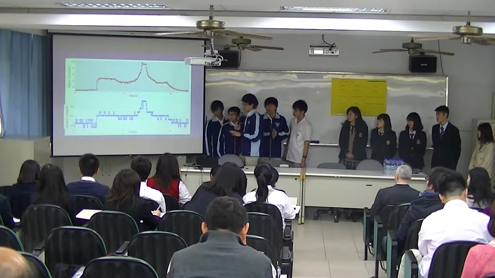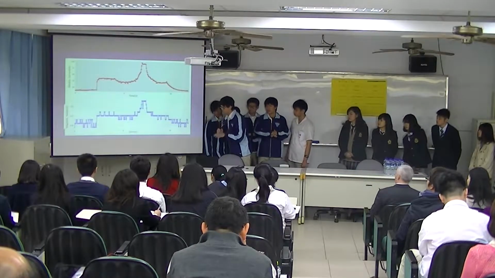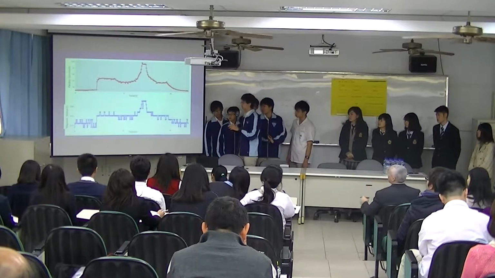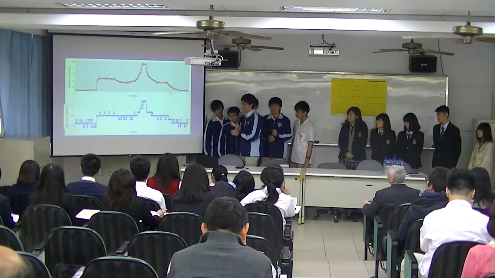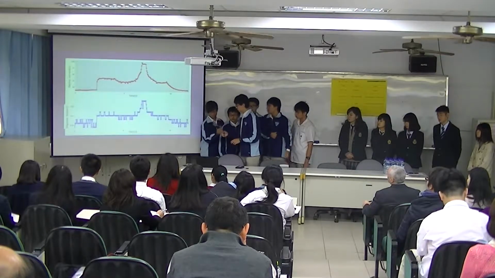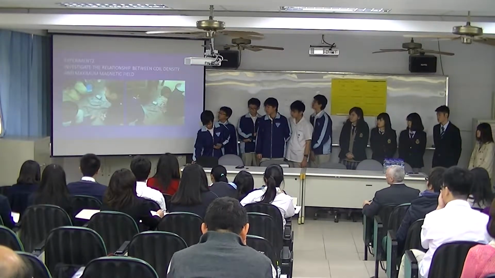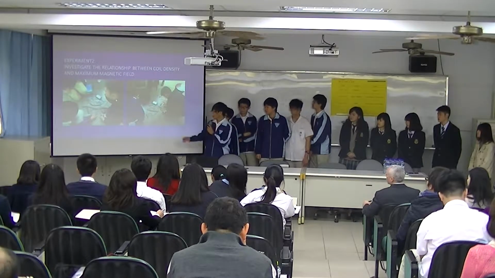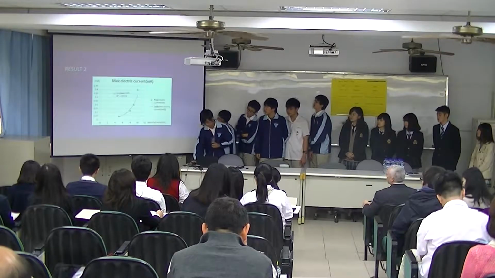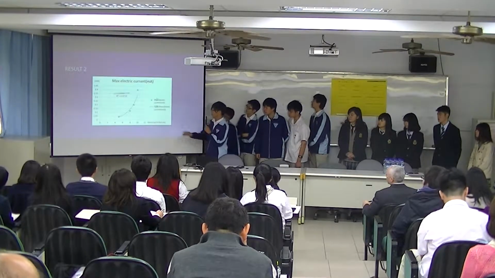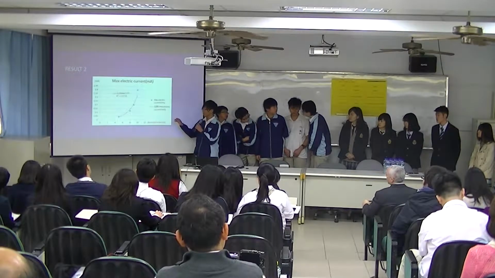So we did an experiment to find the relation between the density and the electric current. So here are our experiment equipments. And we fitted the curve of it. We found it was an exponential growth curve.